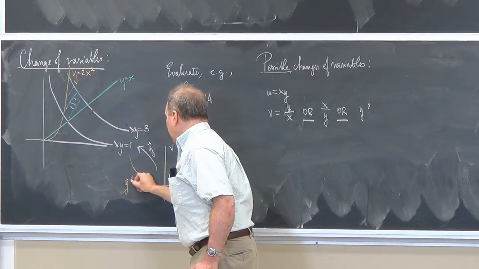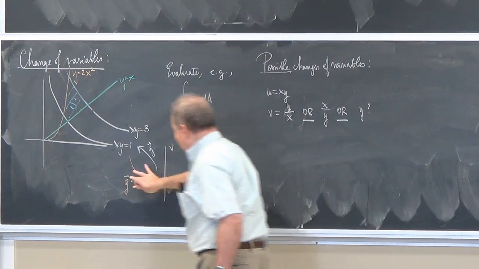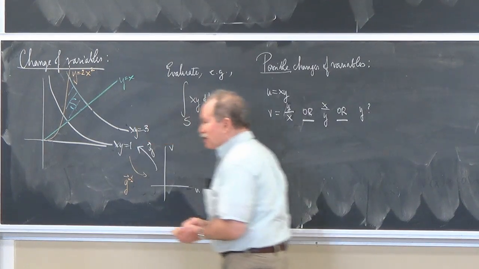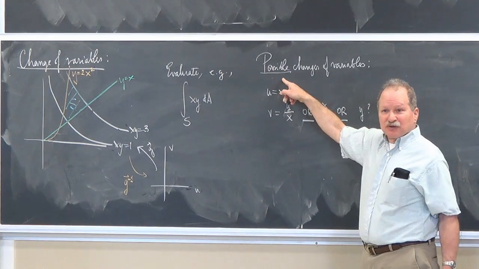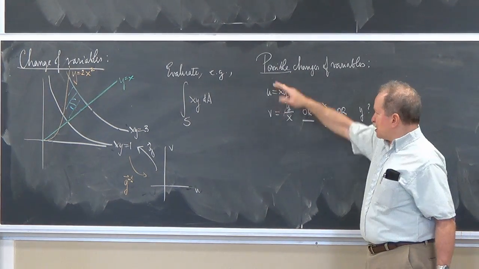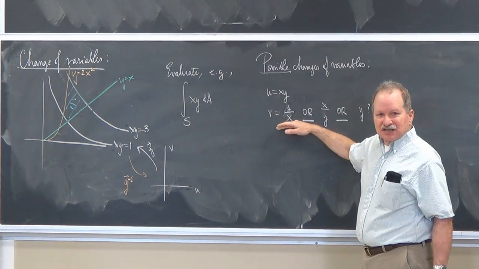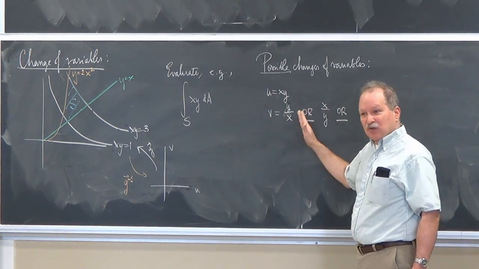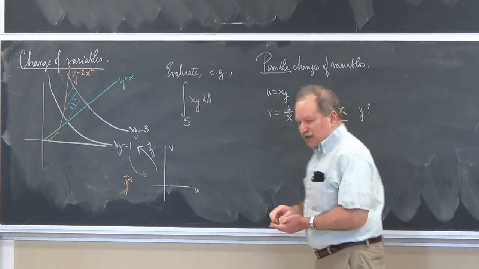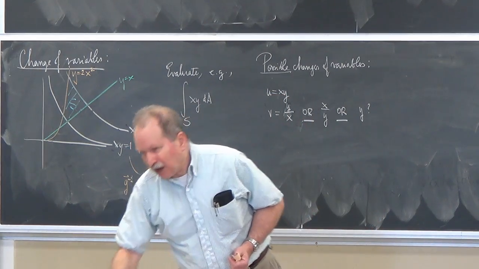Now, you might ask yourself, is this an invertible change of variables? In other words, is this a one-to-one function that sends xy to uv and a one-to-one function that would send uv back to xy? So there is something to worry about, which I will come back to.